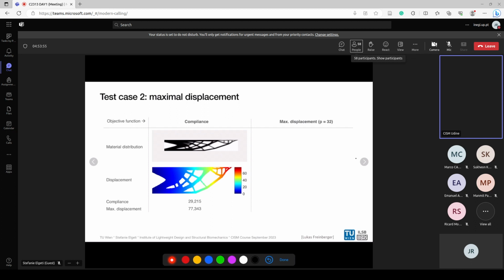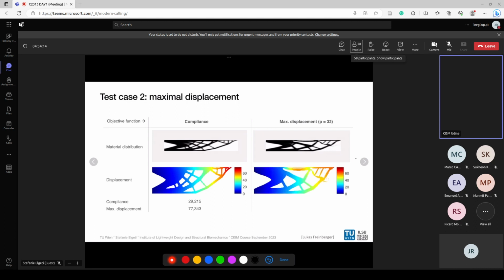Now, if instead we minimize the maximal displacement with p equal to 32 in this case, then again, the result is similar, but there are visible differences. And then this would be the displacement field, and those are the values.